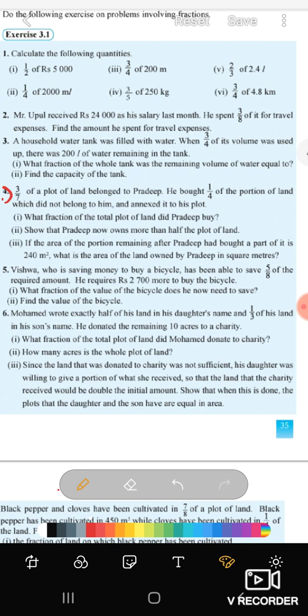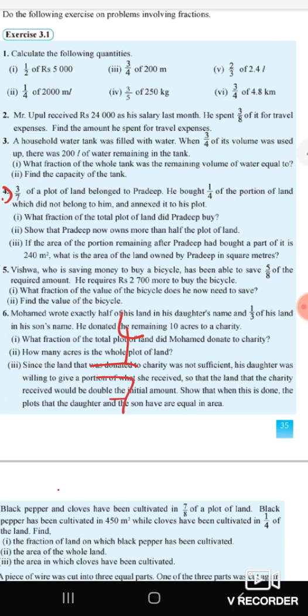So 3 portions out of 7 belong to Pradeep, which means the other 4 portions do not belong to him. As a fraction, 4/7 does not belong to him.